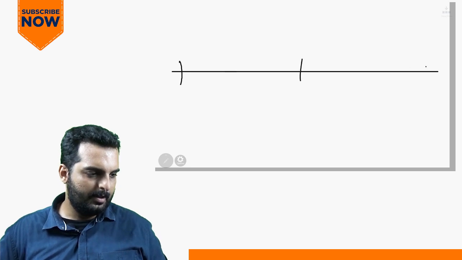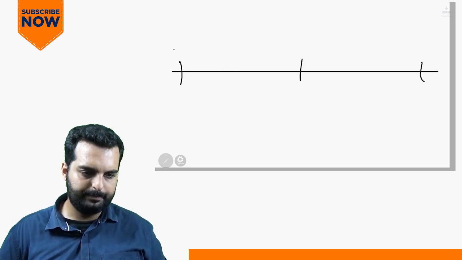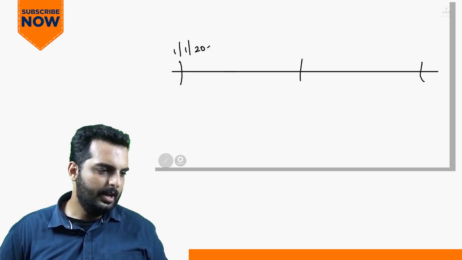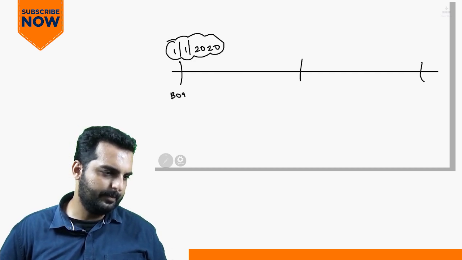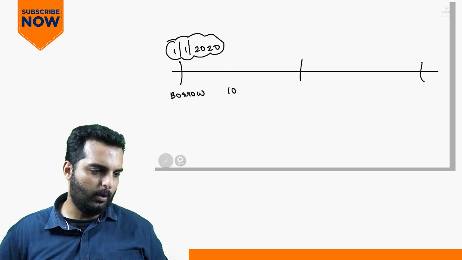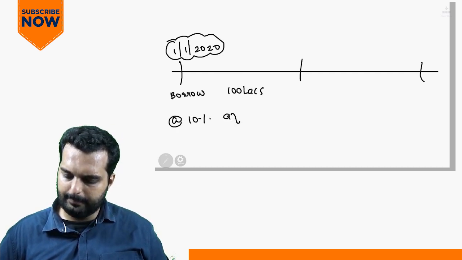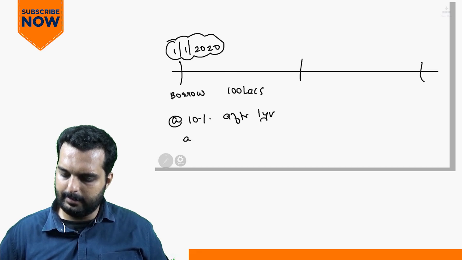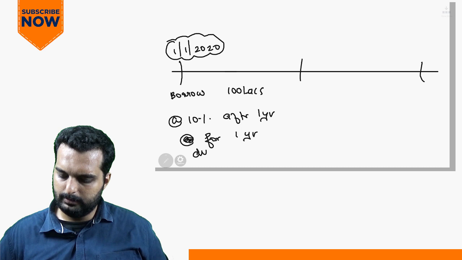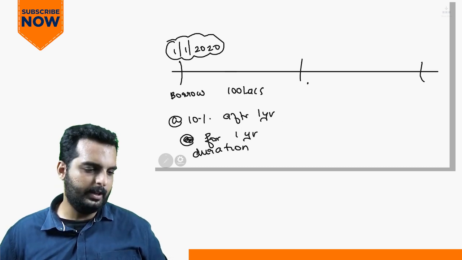Alright friends, today's date is 1st Jan 2020. I want to borrow 100 lakhs at 10% after 1 year, for a 1 year duration.